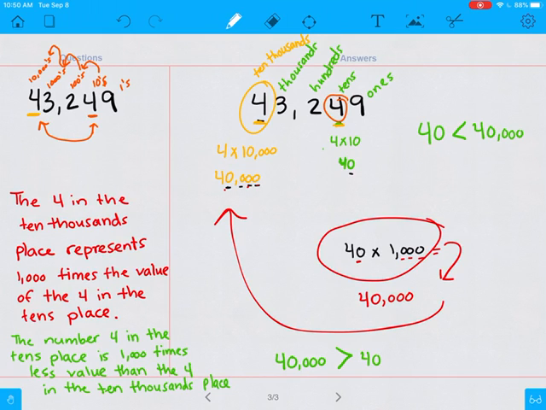So multiplying by 10 3 times would be the same thing as multiplying by 1,000. And you're going to get what this represents when you do that.